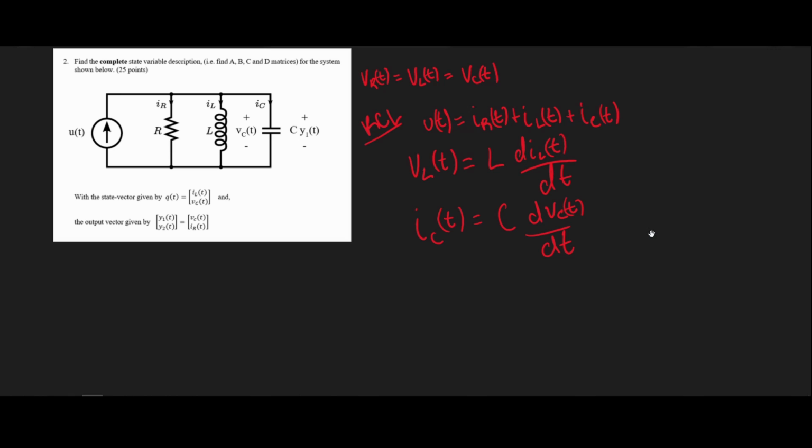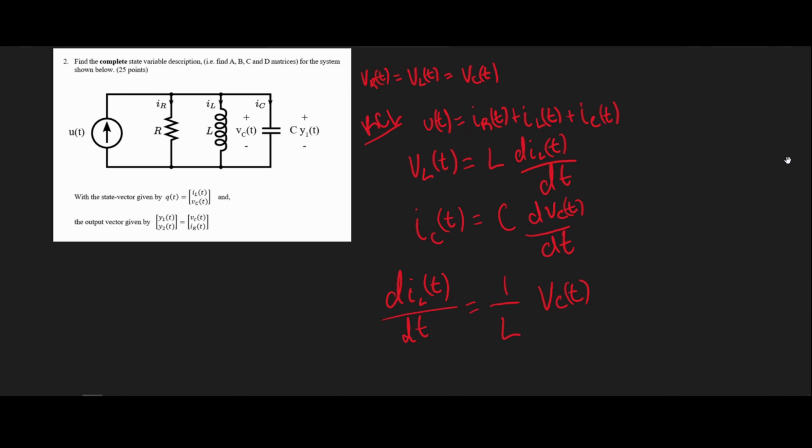We've got to isolate each derivative. First, we'll start with the inductor. So di_L(t)/dt is equal to 1 over L times Vc(t), because the voltage across the inductor is the same as the voltage across the capacitor.